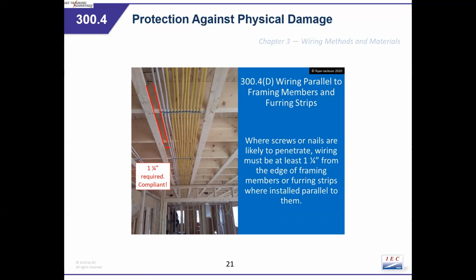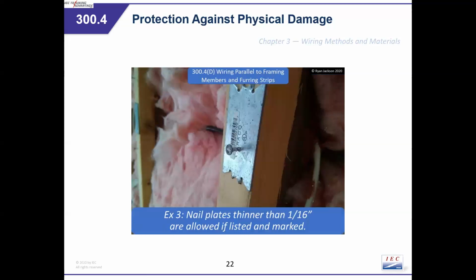So they're showing in that particular instance there, if they drywall that ceiling, which looks like what they're going to do, they're going to be shooting the drywall, it looks like, to those 2x on the left and right. And so you need to be at least 1.25 inches away from that running your cabling.